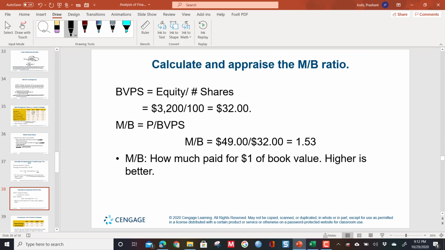For book value per share, you are dividing common equity by the shares, and the market to book ratio is market price per share divided by book value per share, and that is 1.53. And when you find a market to book value ratio greater than 1, it's good. It's a growth company. And if the market to book ratio is less than 1, it's considered to be a value firm, right?